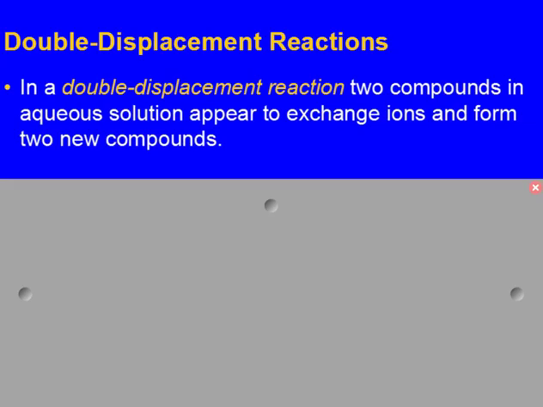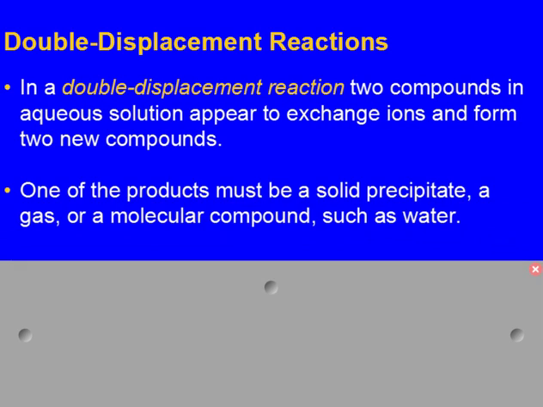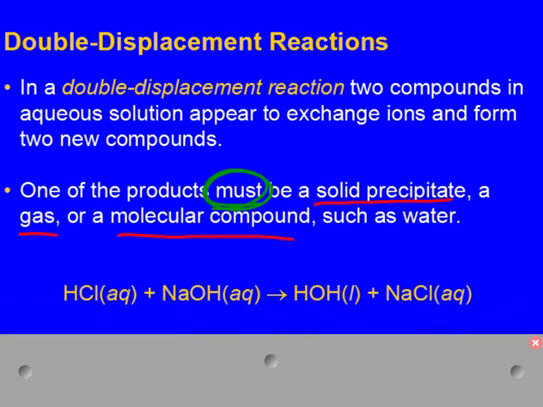Alright, so two compounds will exchange ions and form two new compounds. Now here's something you will need to know. I'll probably ask you about. Whenever double displacement occurs, one of the products must, absolutely must, be one of these three things. A solid precipitate, a gas, or a molecular compound like water. So here's an example.